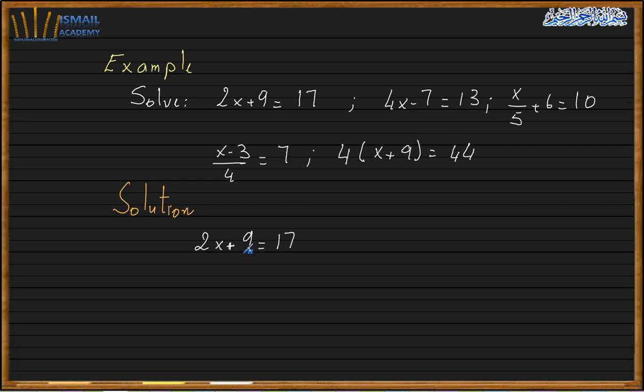If I have plus, then I will subtract. So I'm going to use minus 9 on both sides. This will cancel out. How do we do multiplication now? This is multiplication, so what do you do?